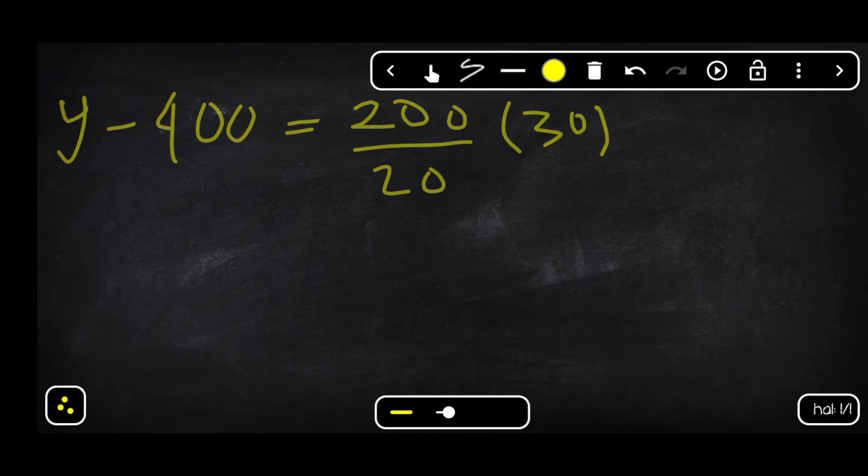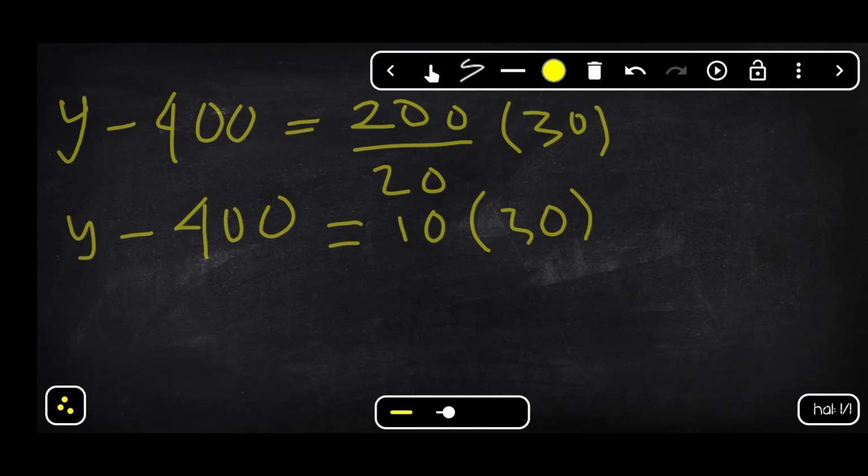So now y minus 400 equals 200 divided by 20, which is 10, times 30. y minus 400 equals 300.